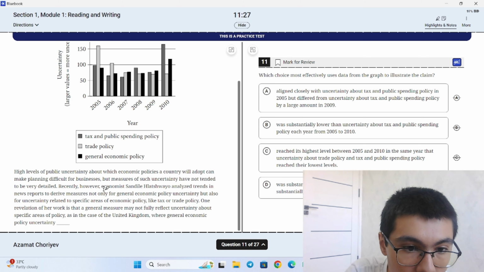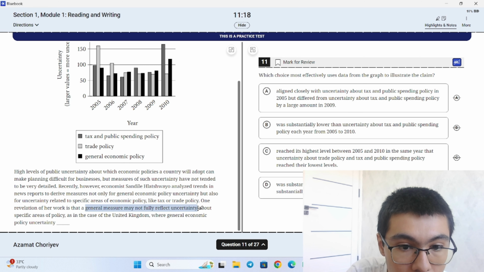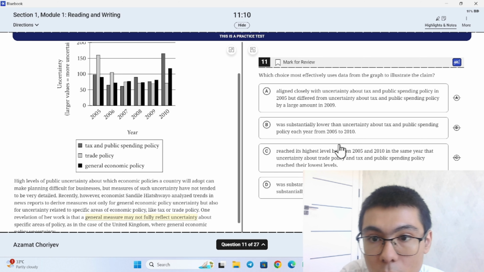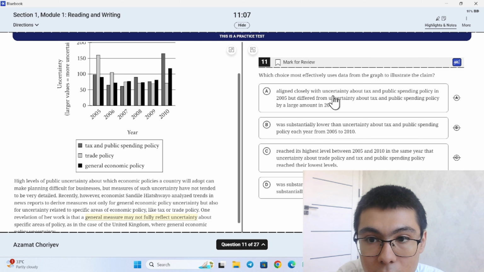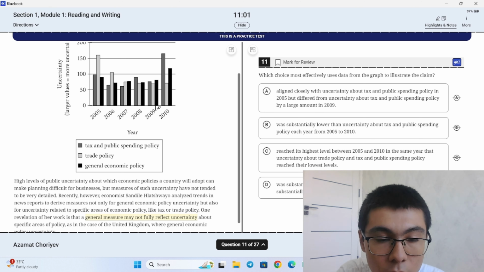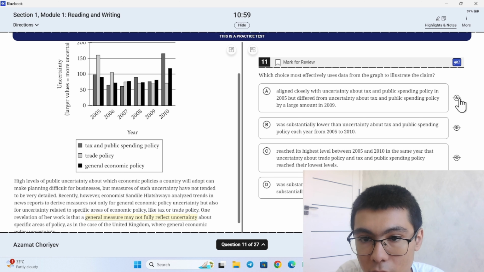So I'm going to read that quickly. A general measure may not fully reflect uncertainty about specific policies, as in the case of the United Kingdom, where general economic policy uncertainty aligned closely with uncertainty about it in 2015, but differed in 2009. No, this is factually incorrect.